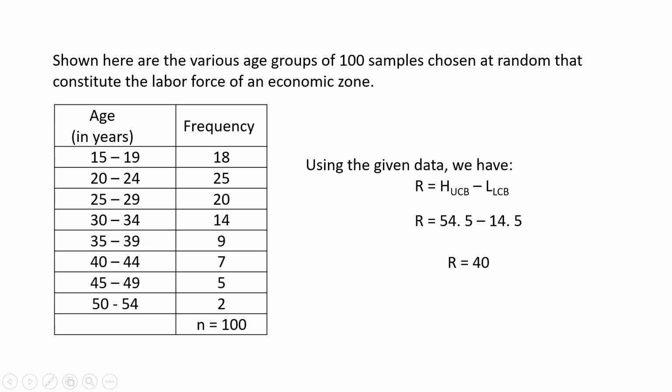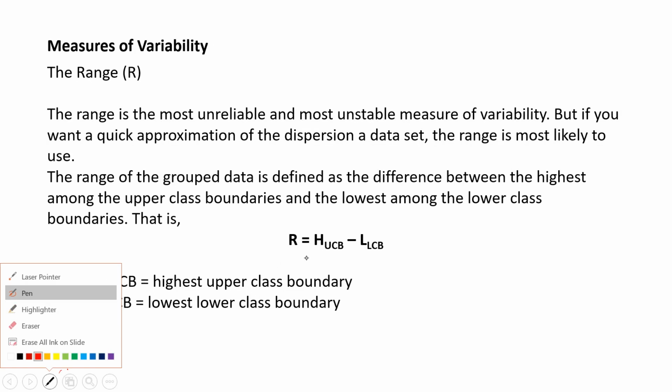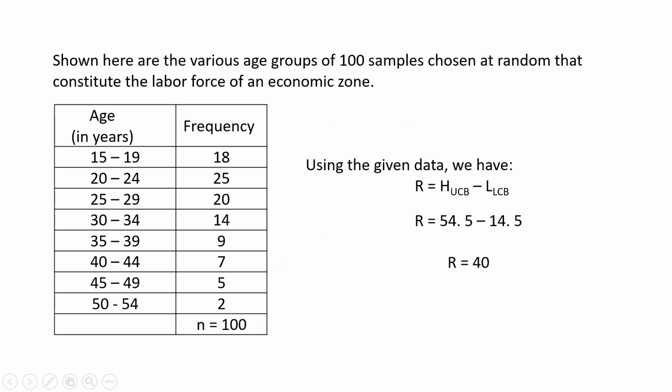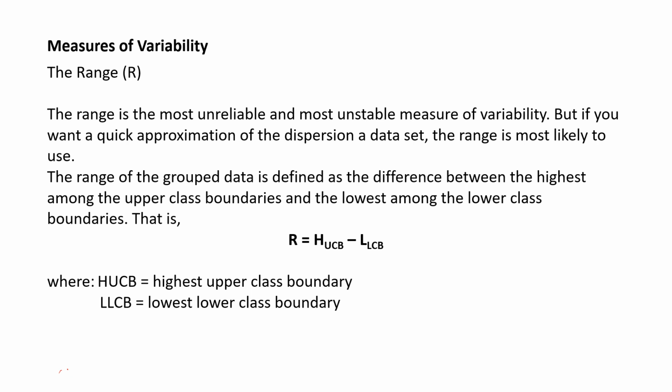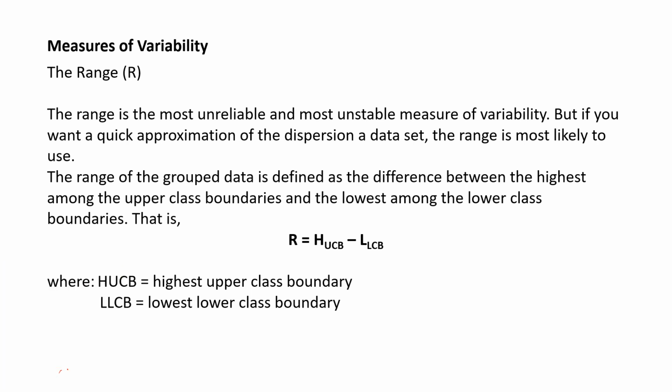So we will use the boundary. It means you have to get the distance or the midpoint between class sizes. So it's not the upper limit and lower limit, but boundaries. So take note, that's the difference here.